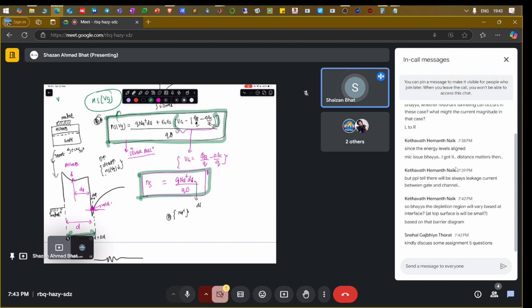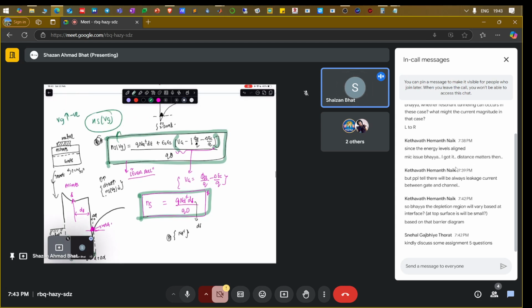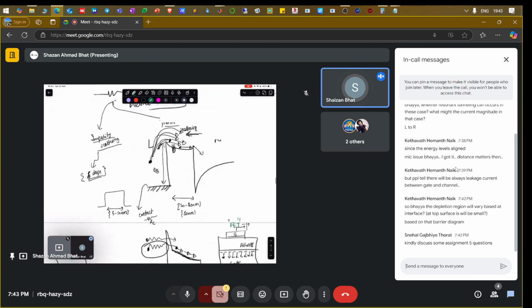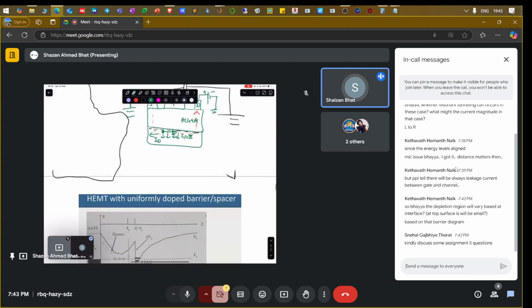As you go on increasing the gate voltage in the negative direction, the channel is going to turn off. The sheet charge is going to move away from the interface, and you will have depletion. That is what depletion means. This region is going to go further and further, and when it reaches this, it will pinch off.